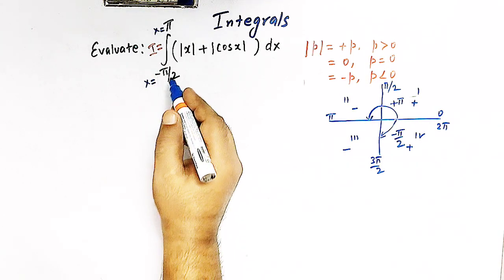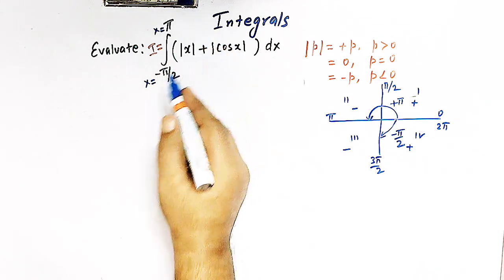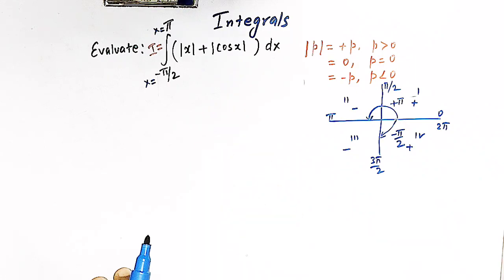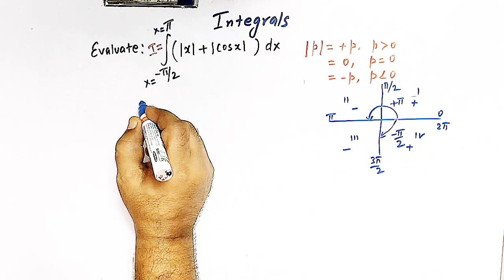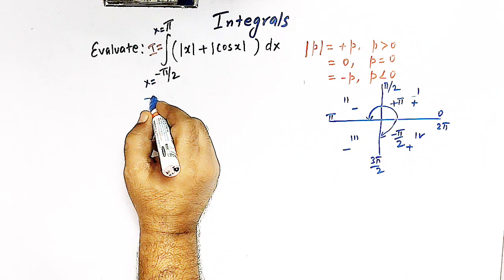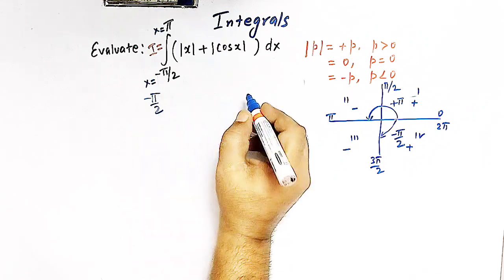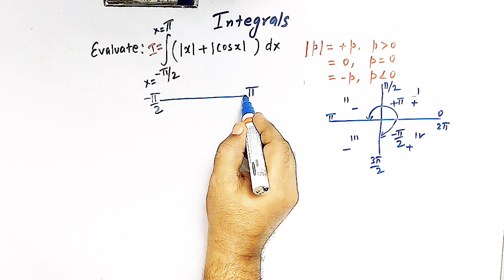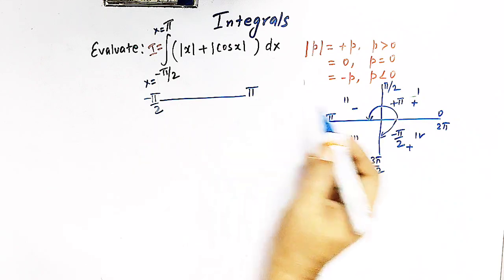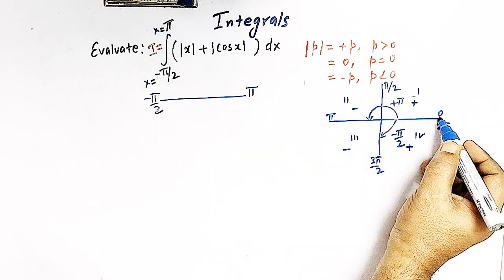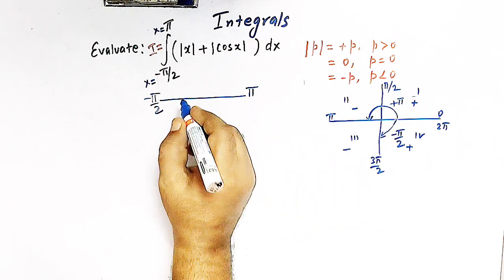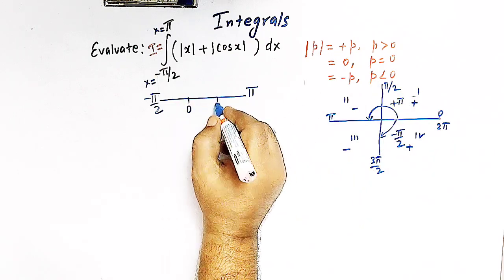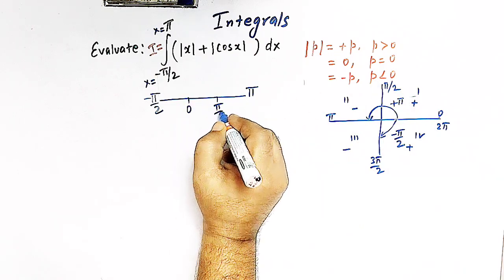Now let us split this integral as a sum of three integrals. Here the lower limit is minus pi by 2 and the upper limit is pi. Between minus pi by 2 and pi, we have 0 and pi by 2.